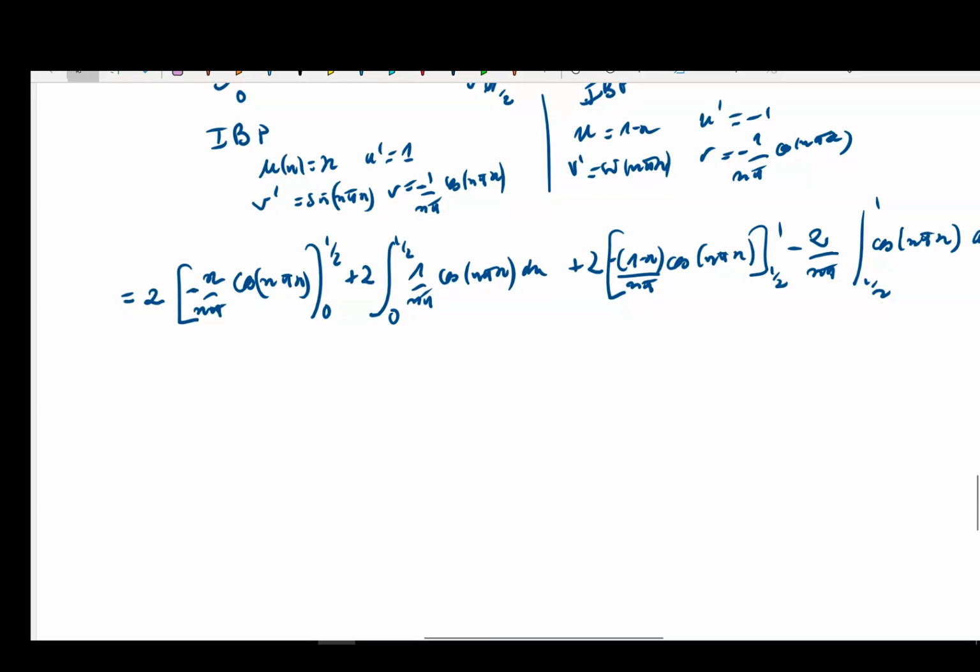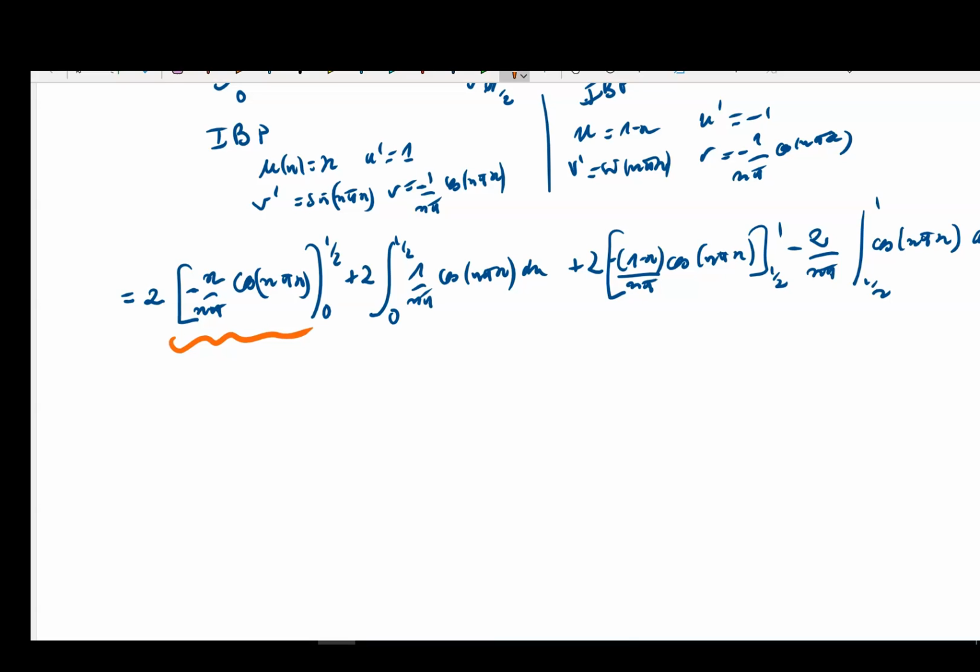Okay, so what do I obtain? Here, in 0 it's just going to be 0, and in 1 over 2 I've got the cosine of n pi over 2.